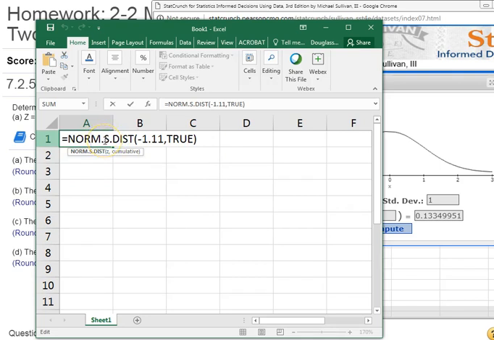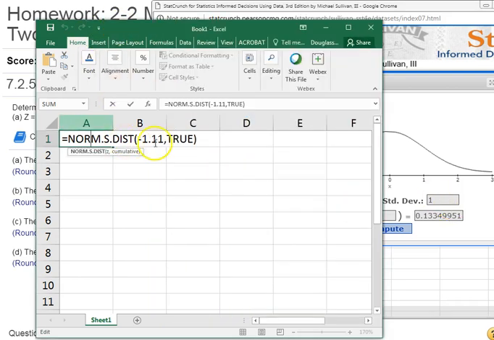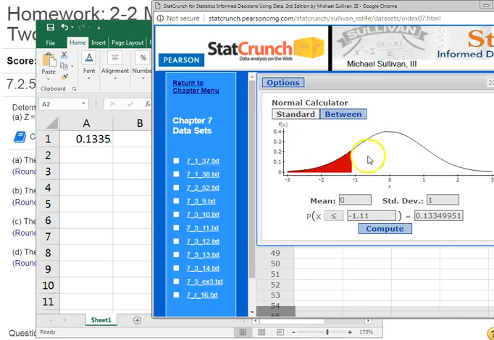The S is for the standard normal distribution, which means our mean is 0 and our standard deviation is 1. You enter the z-score, so open your parentheses, the z-score, comma, TRUE, close your parentheses. When you hit enter, it gives you back the probability of being at that z-score or even further to the left.